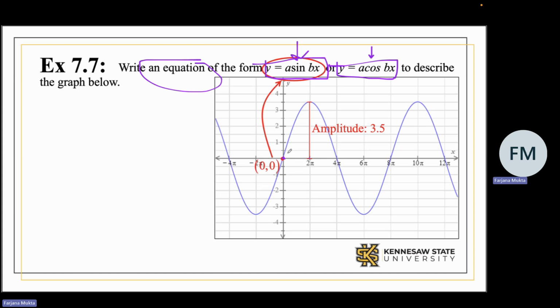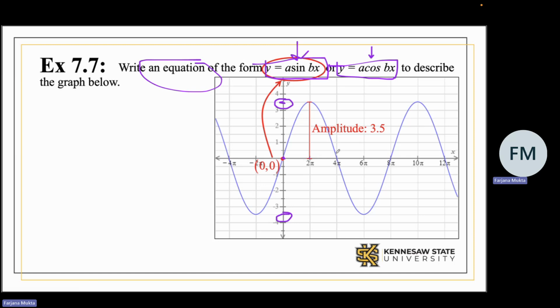Which we can see is from 0 to 3.5. And again, we can just calculate the maximum minus the minimum and divide it by 2. If you subtract negative 3.5 from 3.5, it will be positive 7. If we divide it by 2, it'll be 3.5, right?